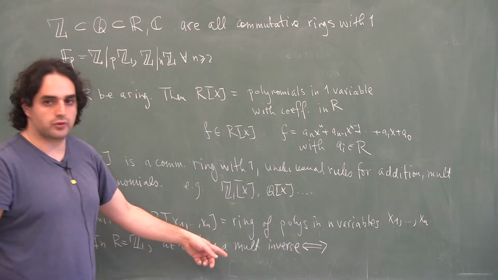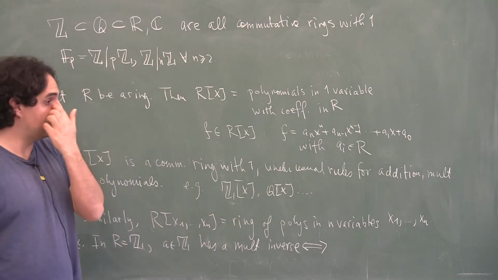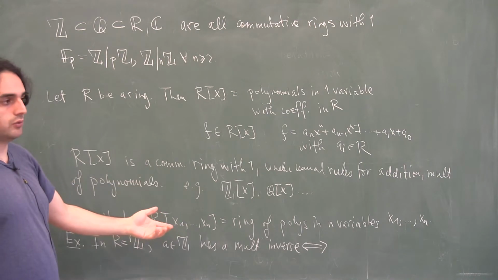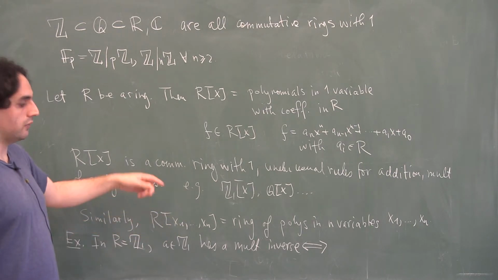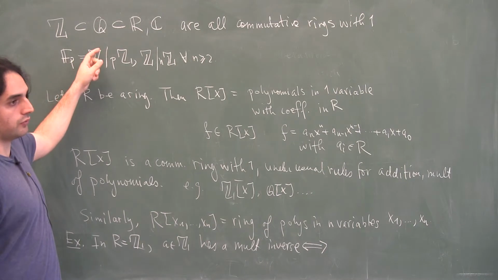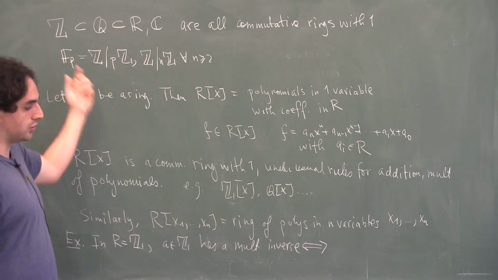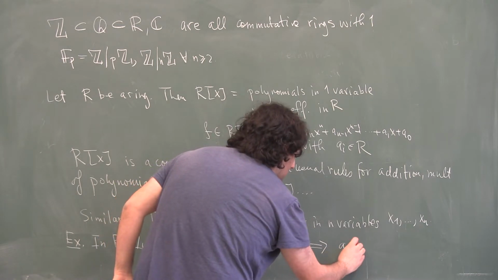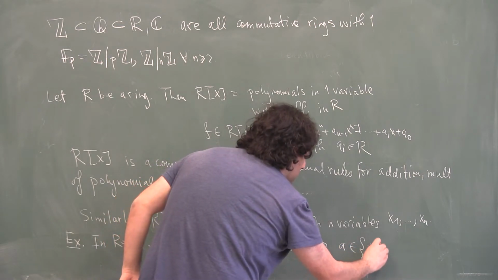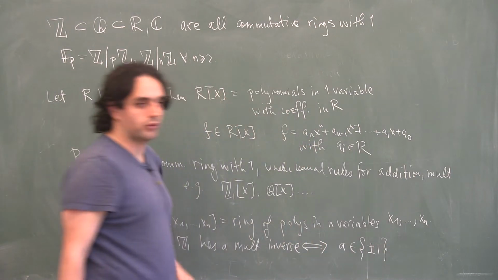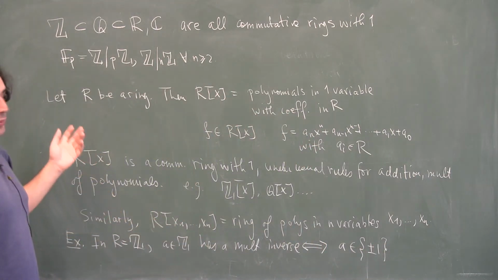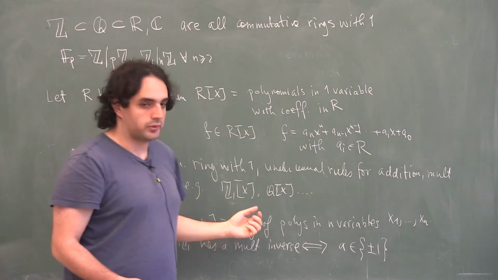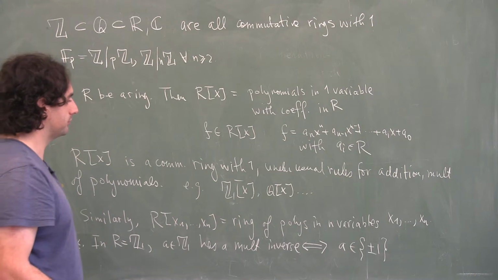We know what the inverse of a is in the bigger ring Q. For a to have an inverse, we need an integer b such that a times b equals 1. We know that the inverse of a in Q is 1 over a. We need 1 over a to be an integer. That will happen exactly if a is either plus or minus 1. So in particular, 2 is a perfectly good non-zero element of the ring Z. It has no multiplicative inverse in Z.